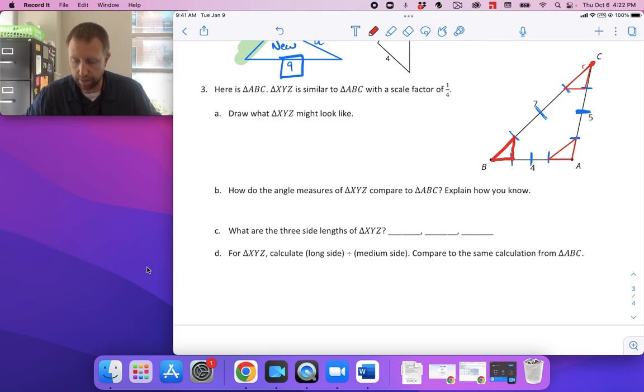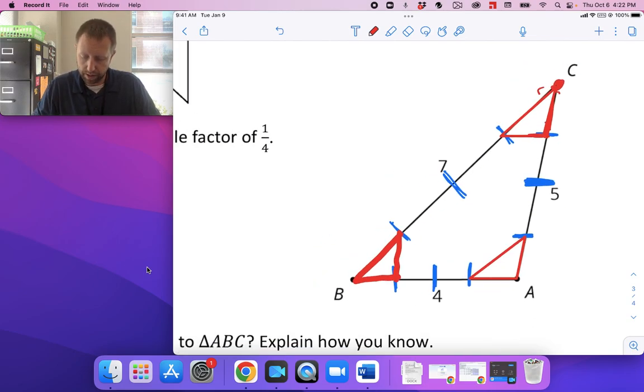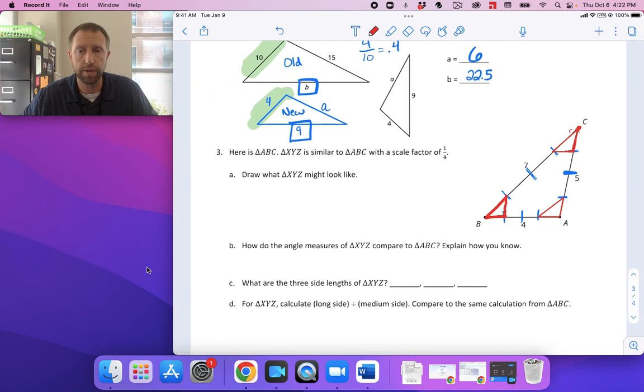If I had a way to make them all be in the same position, you would notice that they all kind of match up. Looks like the iPad kind of took this point out a little bit. It should be more this way. But you get the idea. It is the same triangle for each of those.